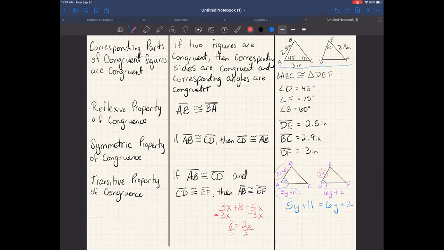Divide by 2. And x equals what? Eight divided by 2, guys. 4. Yeah, 4.